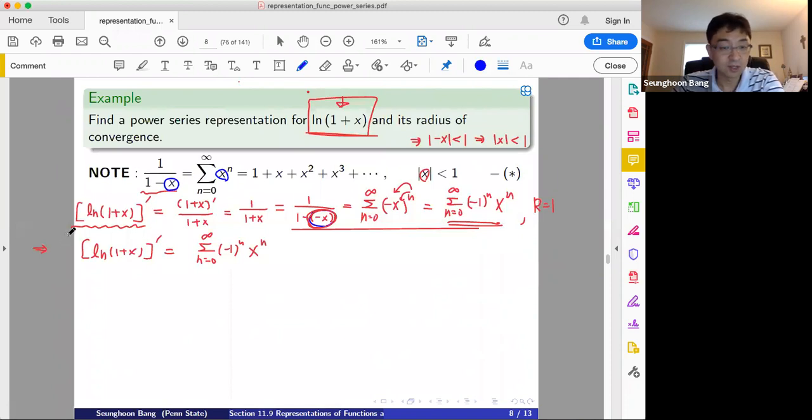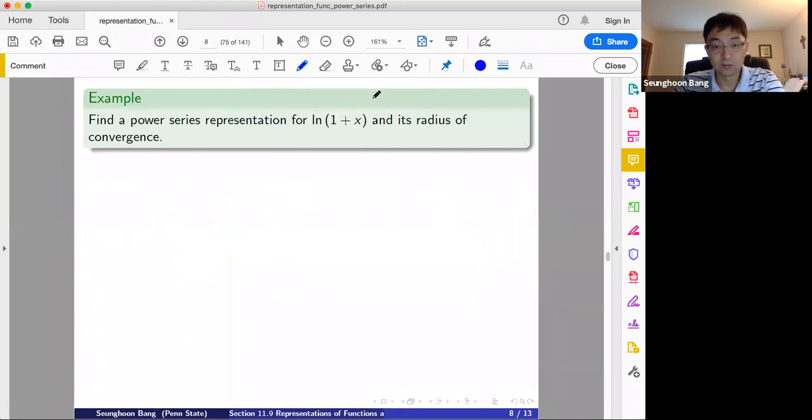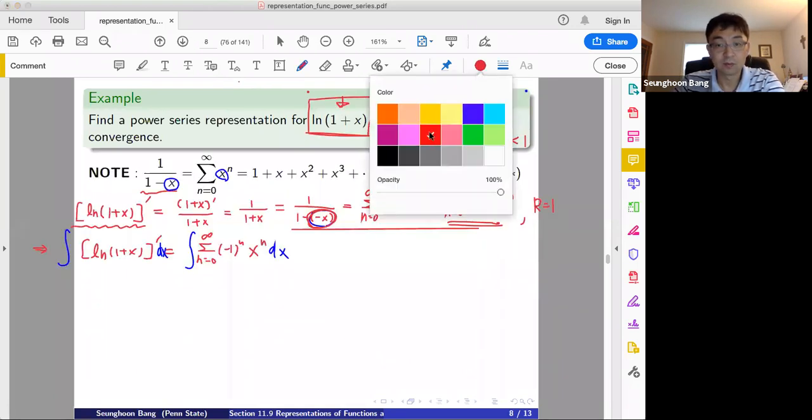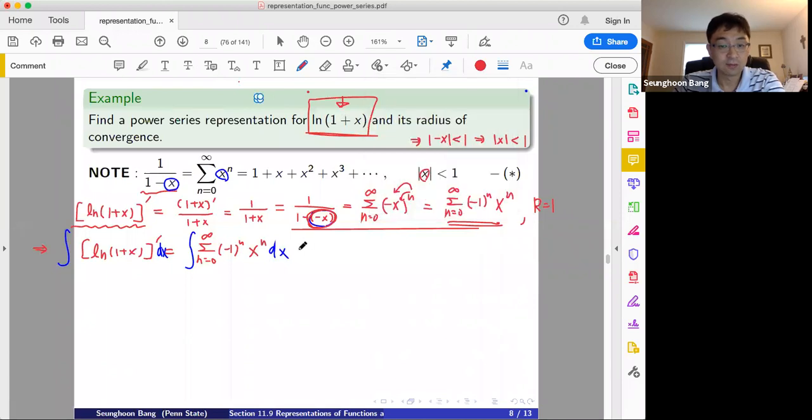The idea is take integral of both sides. Take integral of both sides. So like this. So what's that? Here, integral and derivative are gone.